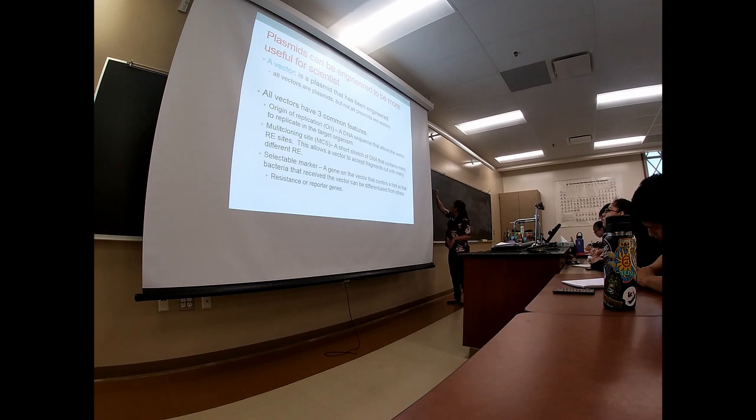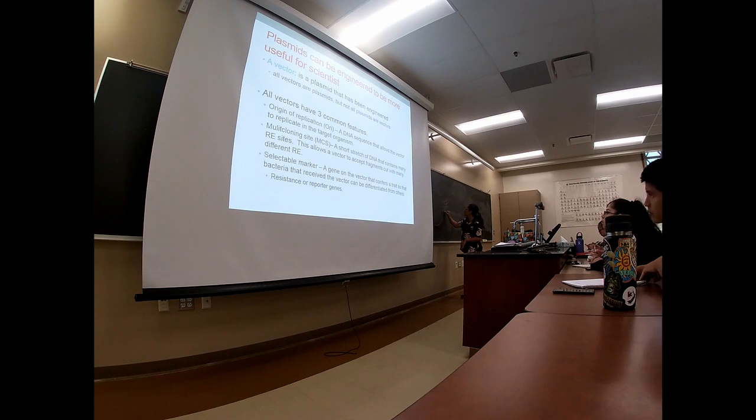So if you had a vector and it looked like this, maybe in this area you have a BamHI site, or a HindIII site, or an EcoRI site, or a SapI, or an EcoRV, and they're all in a very close area.